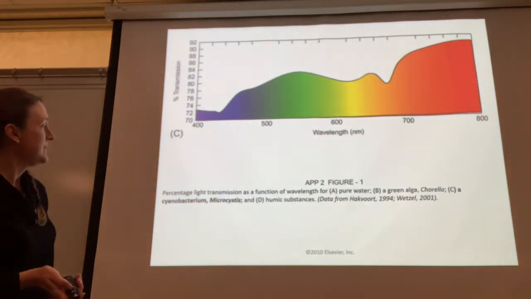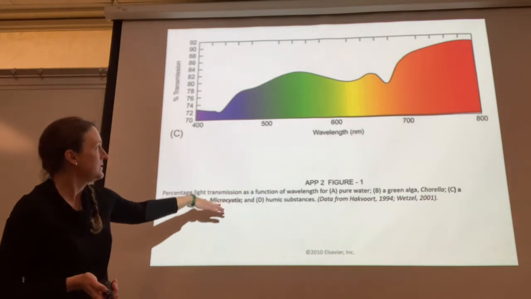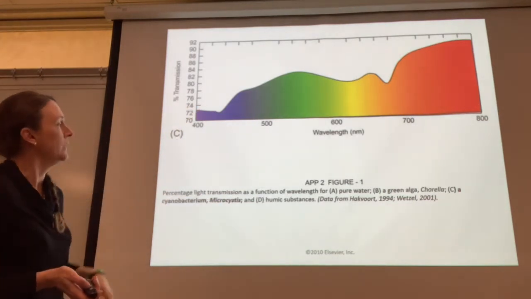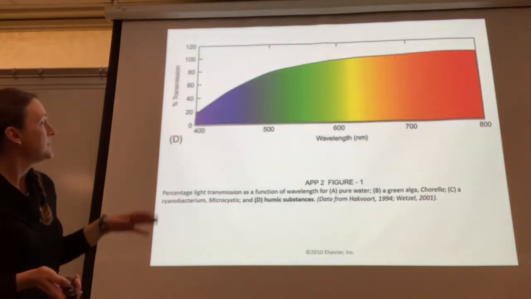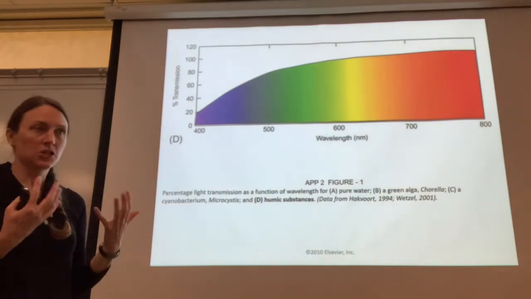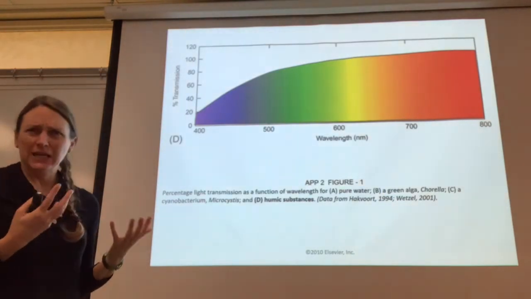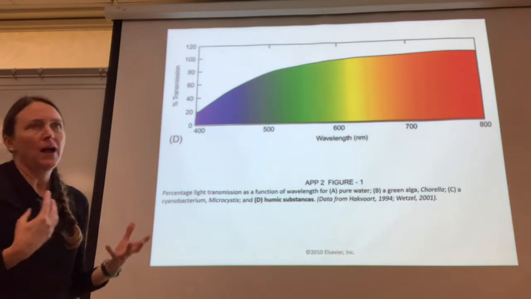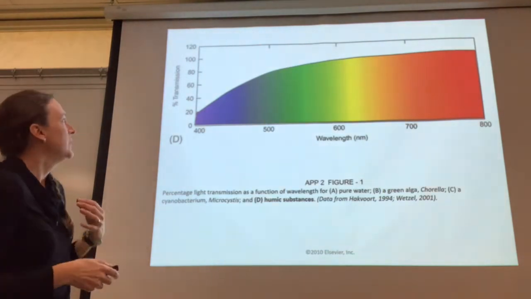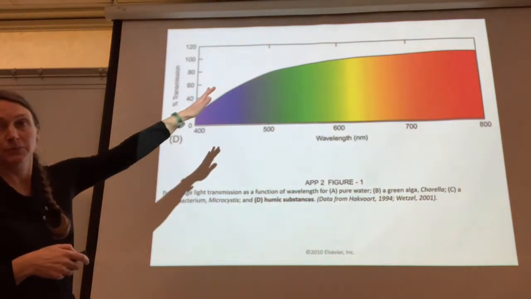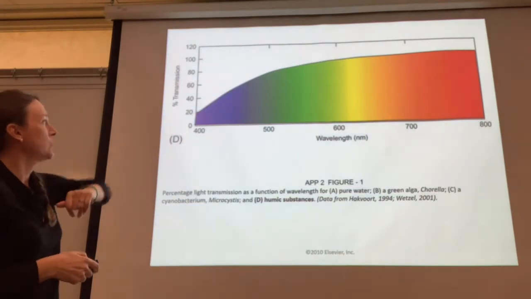Here is a cyanobacteria, Microcystis, looks kind of similar to the green algae. And here is water that's been steeped in humic substances, almost like tea, right? So a lot of brown, tannin-rich stuff. You can see it does not transmit the blue light very well, but it does transmit the red light.